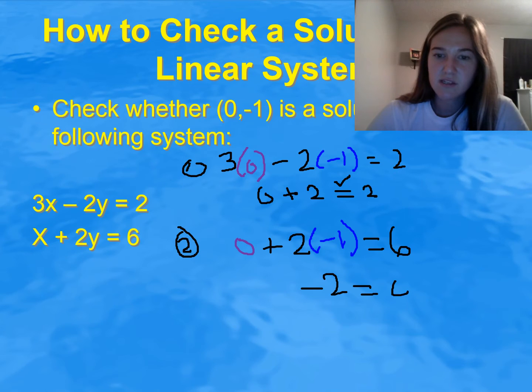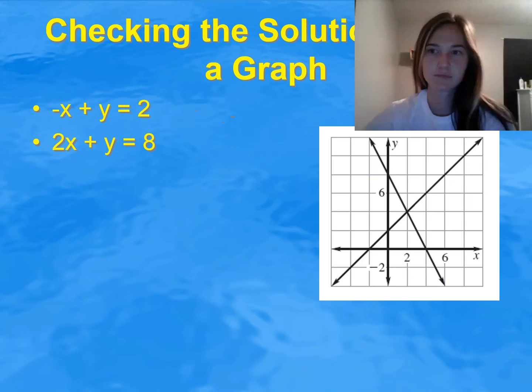Does that equal 6? No, it doesn't. So the point 0, -1 is not a solution to the system. That's why it's important to always check both of the equations. You can't just stop after one of them is a solution. If it doesn't satisfy both, then it's not a solution to the whole system.